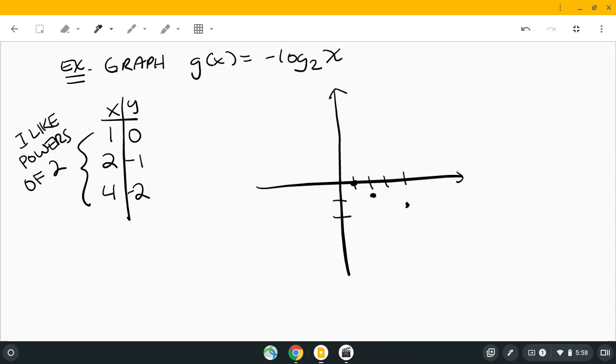And again, x is greater than 0, so we're over here on this side. What's happening, as we would expect, is a reflection over the x-axis, because we're multiplying by a negative.